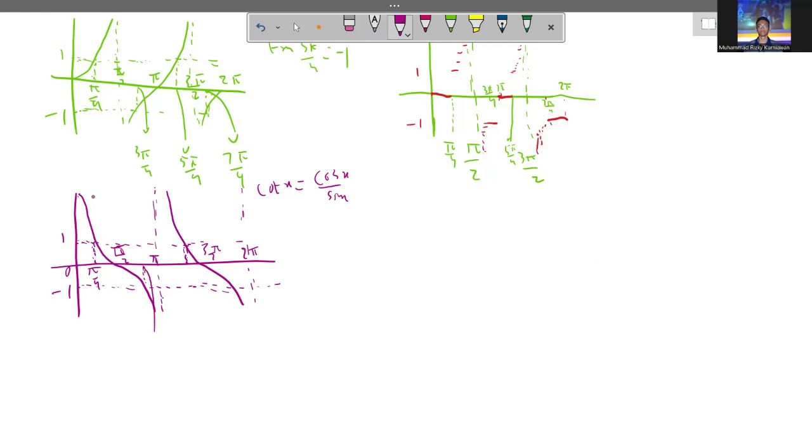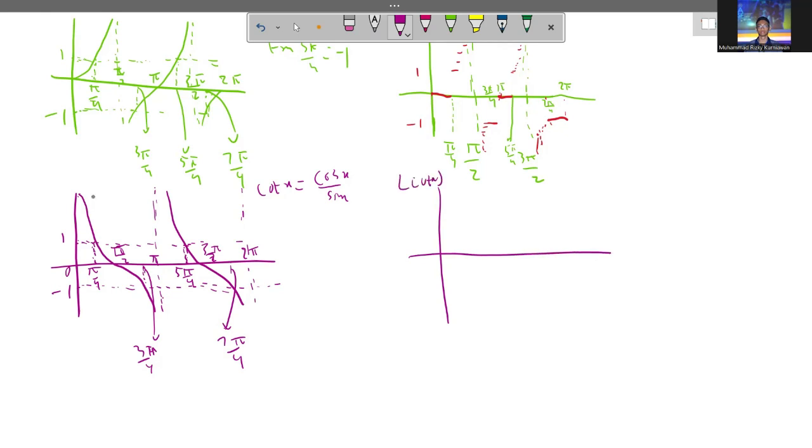This here is 3 pi over 4. This here is 5 pi over 4. And this here is 7 pi over 4. If we translate that to the GIF function, what do you have?